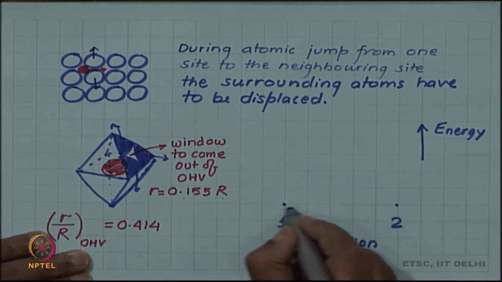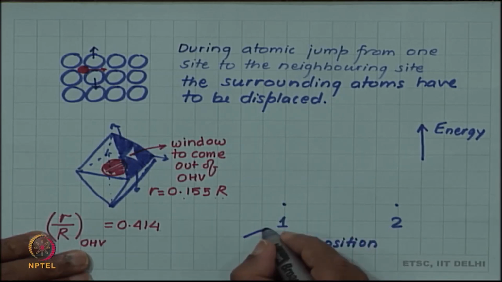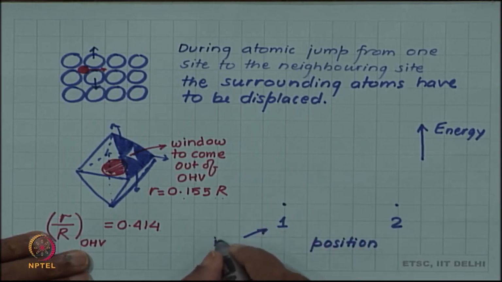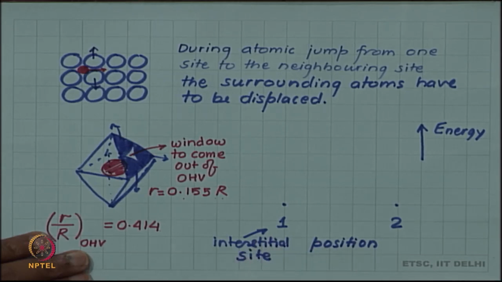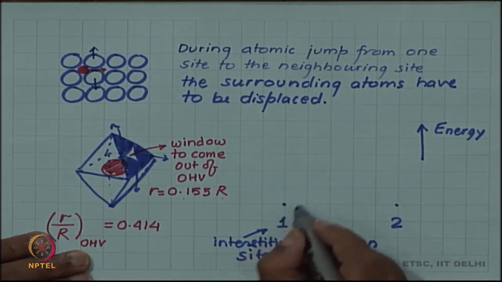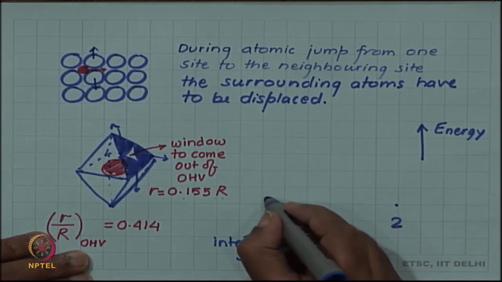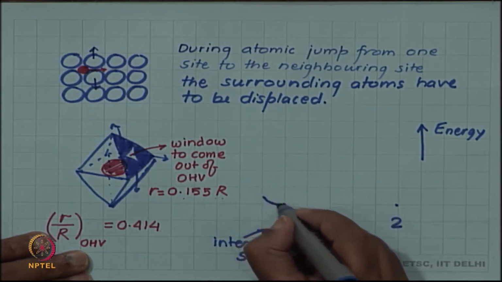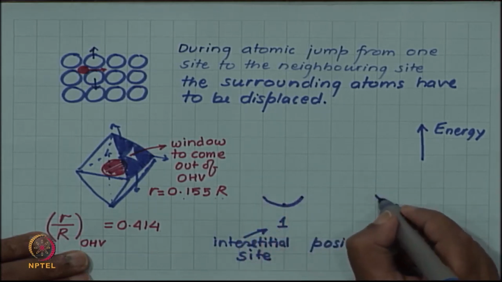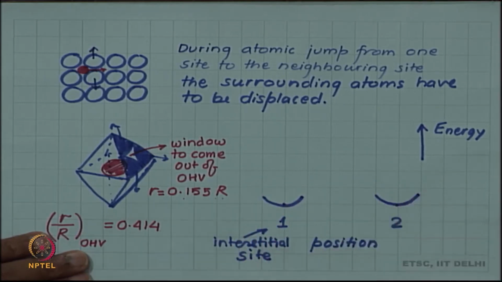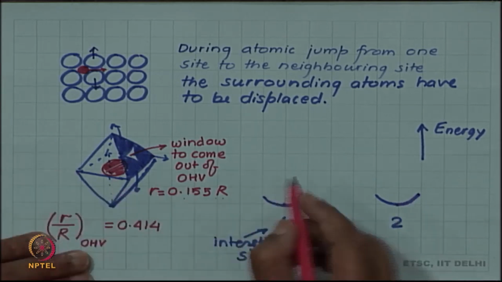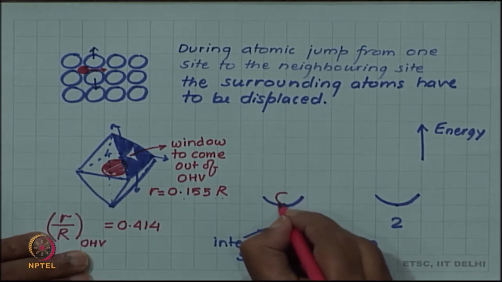So, I am drawing the locations of the interstitial sites, and we are saying that an atom from one interstitial site will jump to the neighboring site. In terms of energy, both these sites are local minima for the interstitial atom. So, the interstitial atom can sit happily either on site 1 or on site 2.